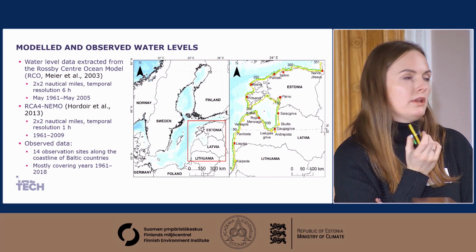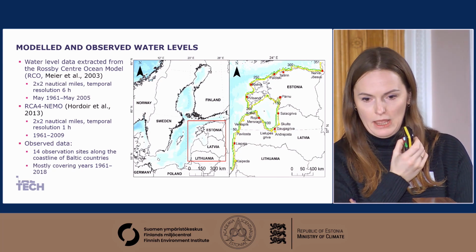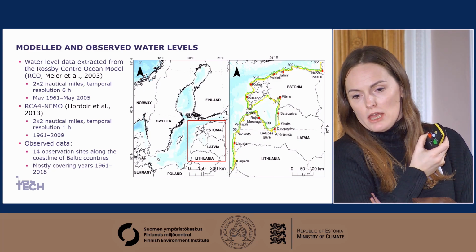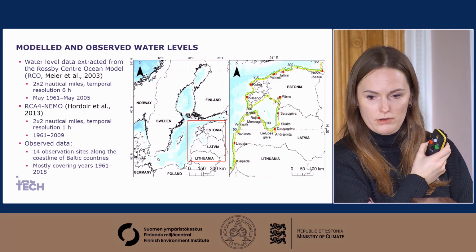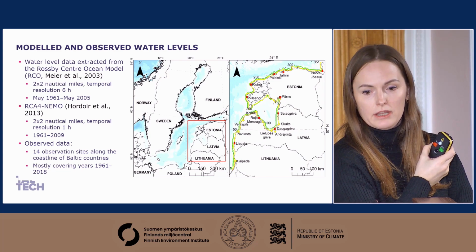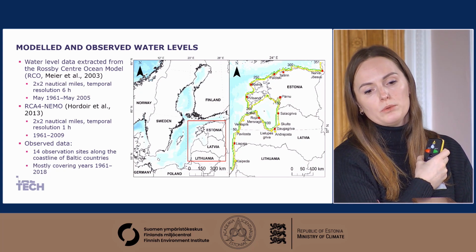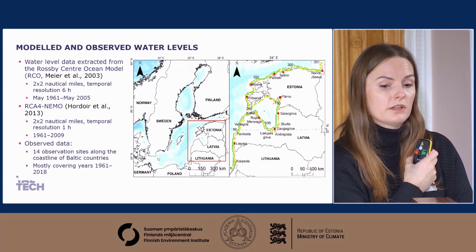And they both have spatial resolution of 2 nautical miles. Our study area is the shoreline of Lithuania, Latvia, and Estonia. Altogether, it covers 351 grid points. And model data we complement with the observations from 14 sites along the study area.